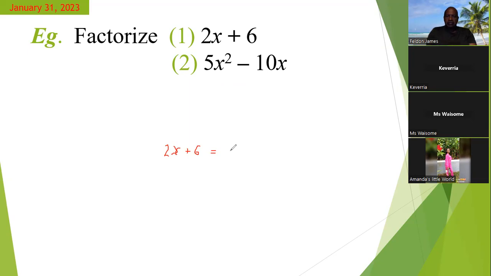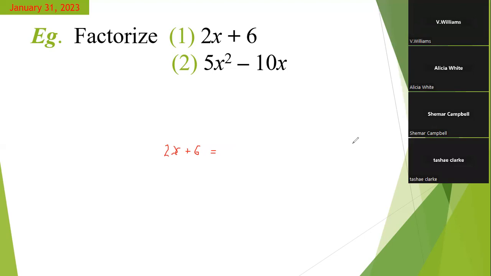Now, in terms of 2 and 6, what would be a common factor for 2 and 6 here? Miss Amanda. Which number can divide 2 as well as 6? Ms. Clark?